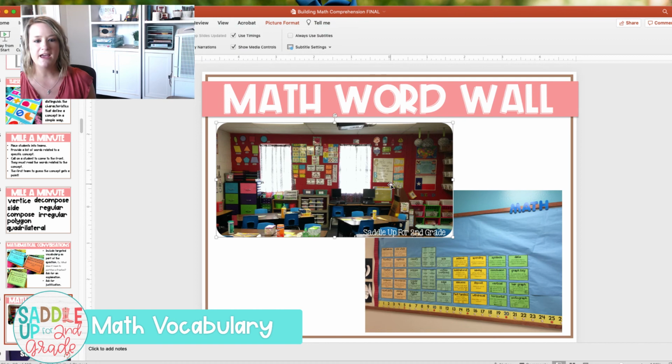Even if you don't have a ton of space, using anchor charts and printable visuals, make sure you have some kind of way. Maybe you can't display all of them at one time, but at least display what is currently being taught and focused on. You just want to make sure that kids have those visuals.